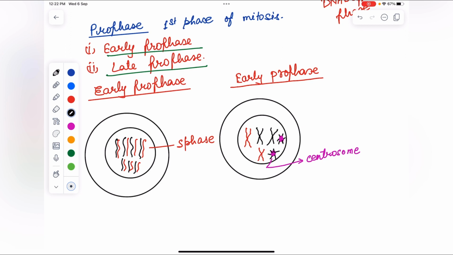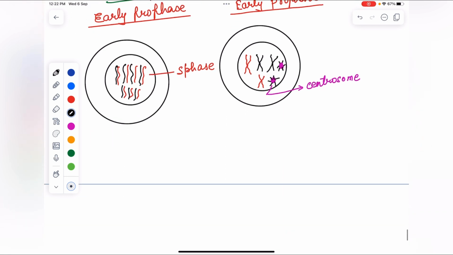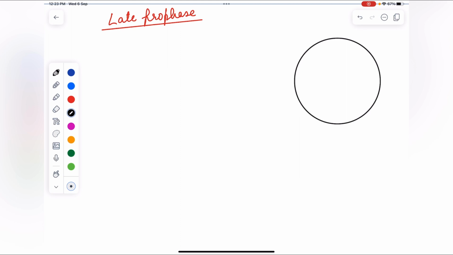So this is early prophase, and in late prophase what happens? The nuclear membrane starts degenerating, and the condensation of chromosomes takes place. The complete condensation of chromosomes takes place in this late prophase.